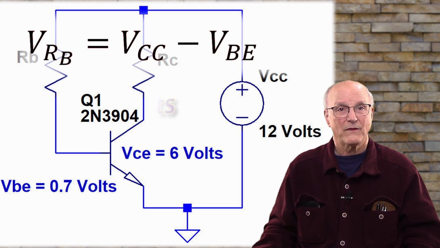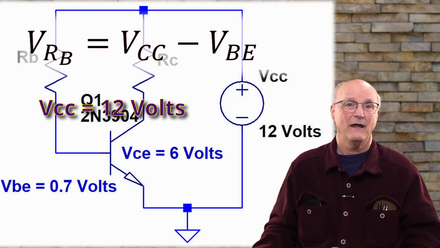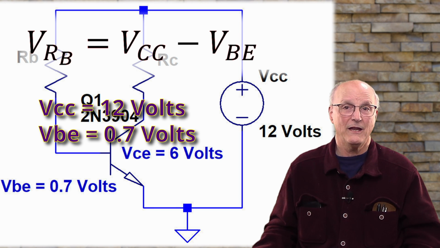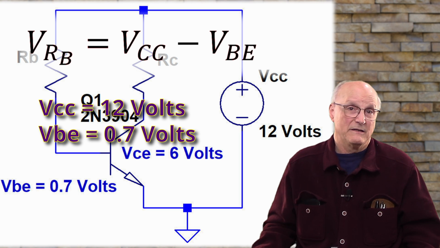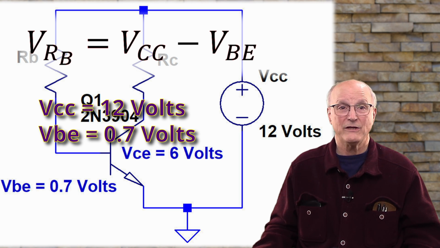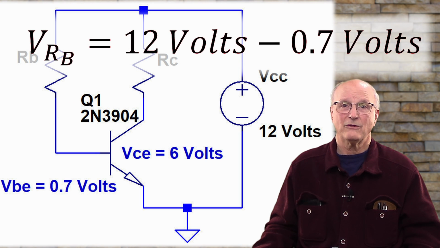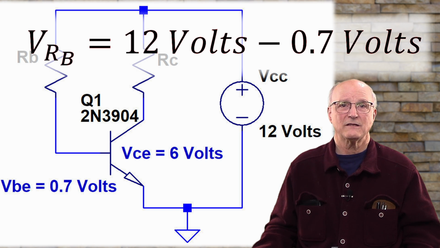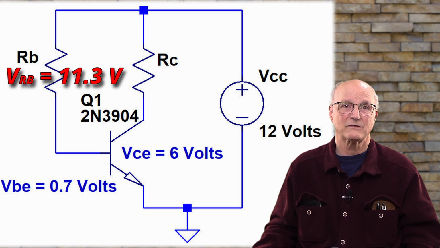And we know that the power supply, VCC, is 12 volts, and we know the voltage across the base emitter junction, V_BE, is 0.7 volts per our model. So substituting these values in our equation, we get the voltage across the base resistor is equal to 12 volts minus 0.7 volts, which gives us the voltage across the base resistor of 11.3 volts.